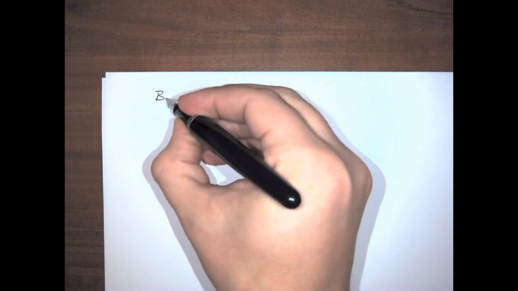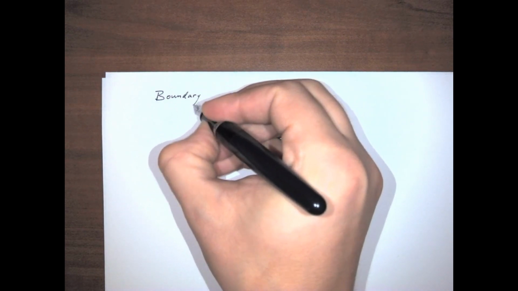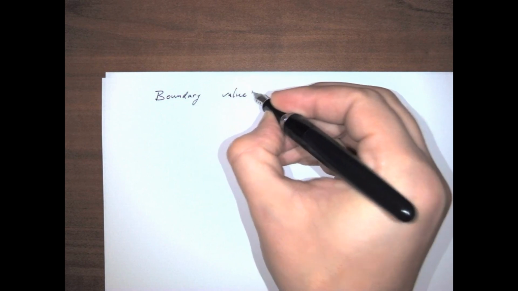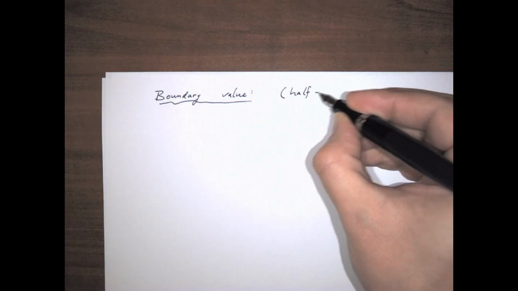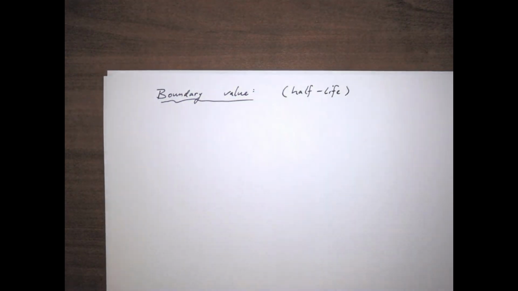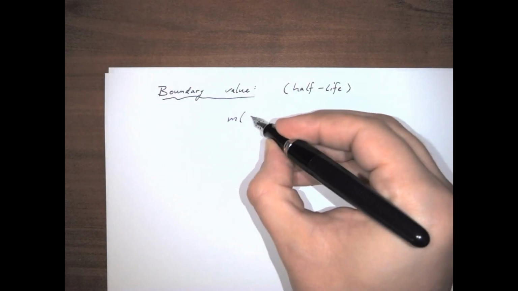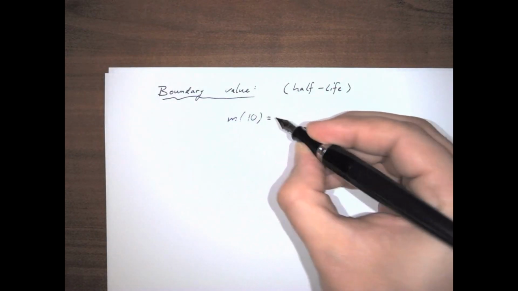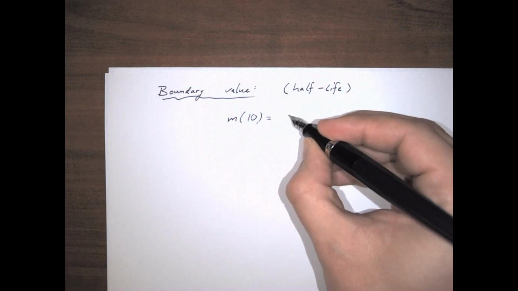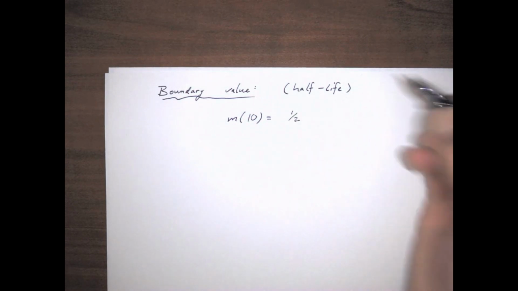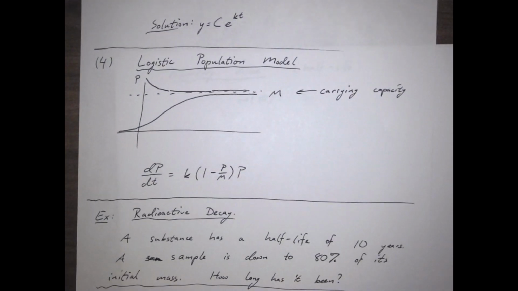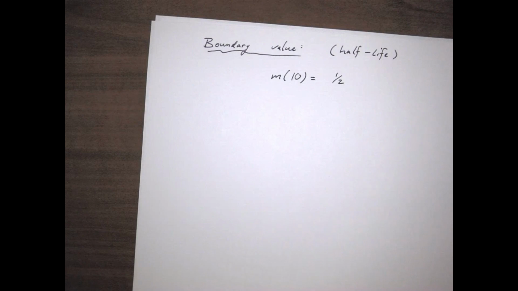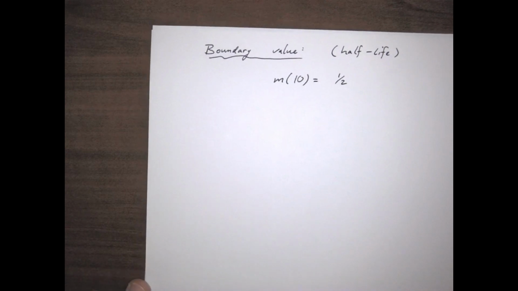Now a boundary value, which comes from the half-life, will be that the mass at time 10 years would equal 1/2. By the way, I should say time in years. Otherwise we'd have to make adjustments that would be inconvenient.